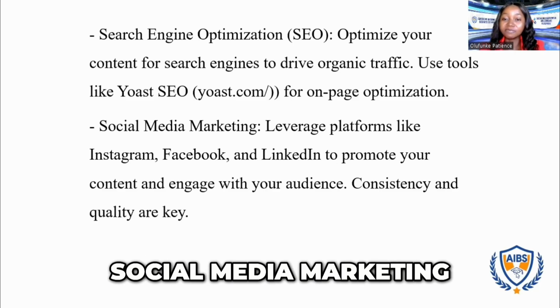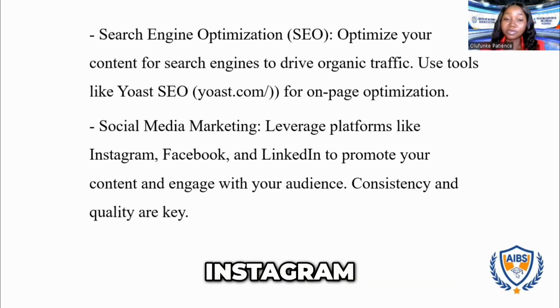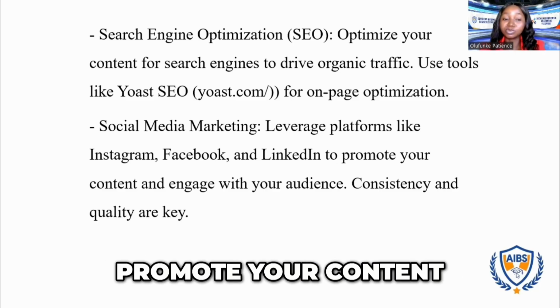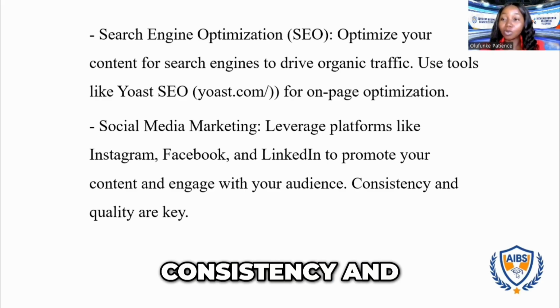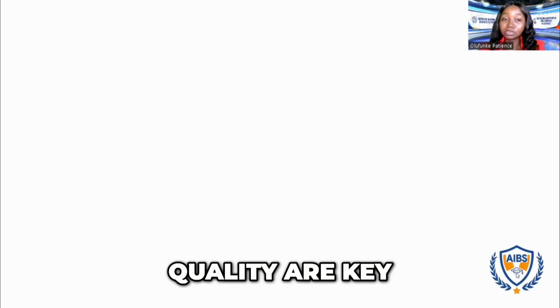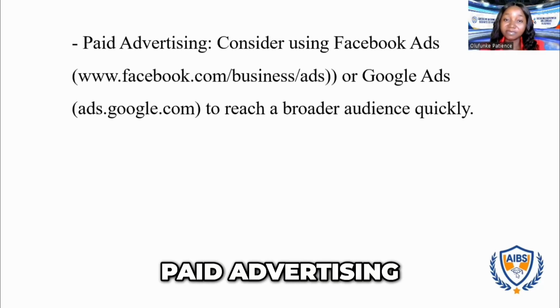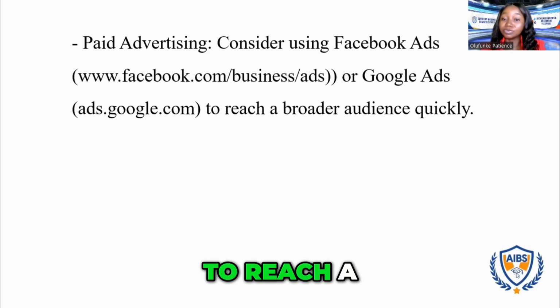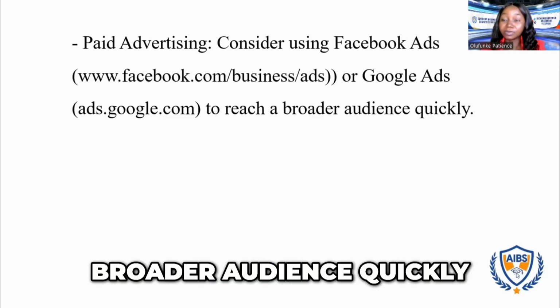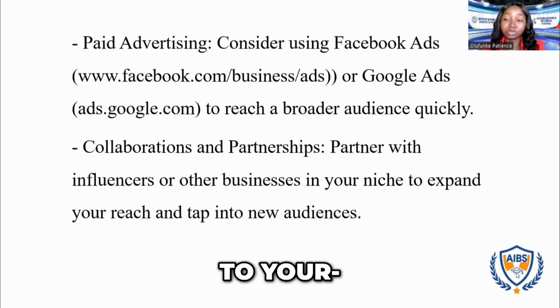Social media marketing: leverage platforms like Instagram, Facebook, and LinkedIn to promote your content and engage with your audience. Consistency and quality are key to your business. Paid advertising: you can consider using Facebook ads or Google ads to reach a broader audience quickly. These are ways to generate traffic to your products or services.